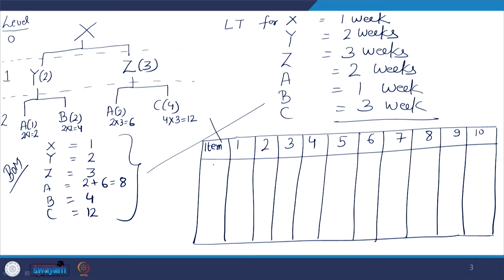So, item is X, which is required in 100 quantities in period 10. Now, you will release the order. I am just giving you when to order and how much.